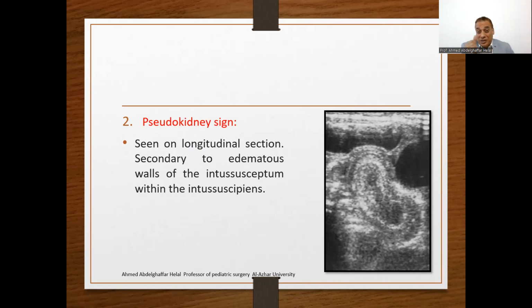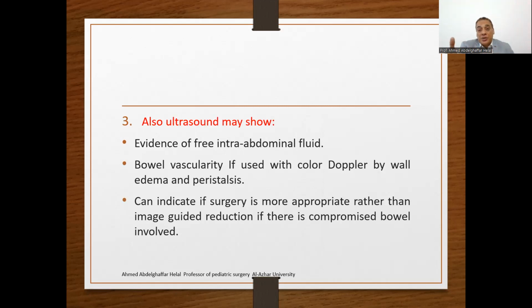The target lesion and the pseudo-kidney sign are very important. Ultrasound may also show the presence of free intra-abdominal fluid, and bowel vascularity if we use color Doppler. By the wall edema and the peristalsis, we can comment on the bowel vascularity.